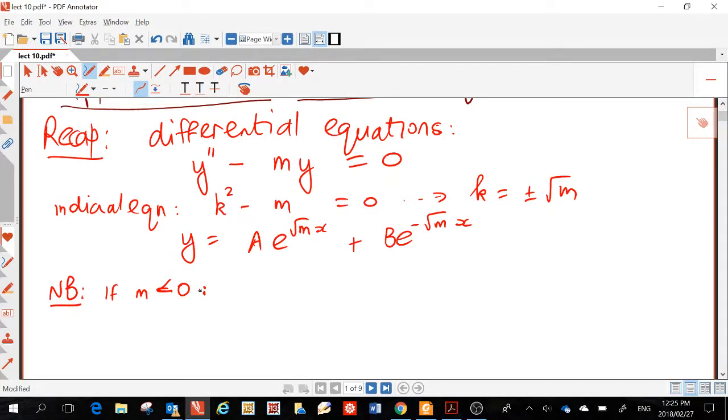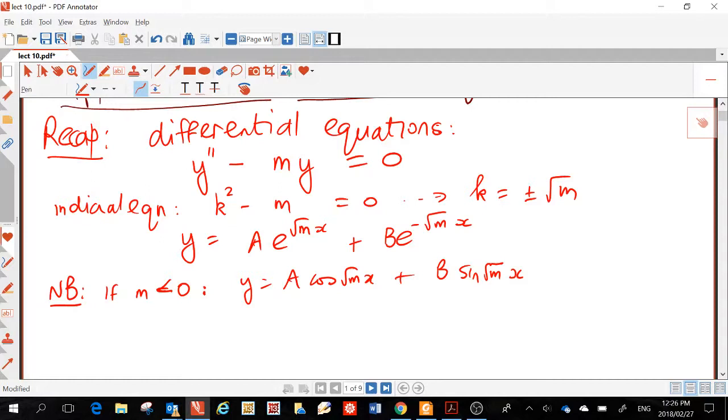If you have e to the ix, e to the minus ix, what's another way to express that? Using Euler's theorem? Say it again. Cos and sine, that's right. You can express that as cos and sine. You can say y equals a cos root mx plus b sine root mx, in the case that m is negative.